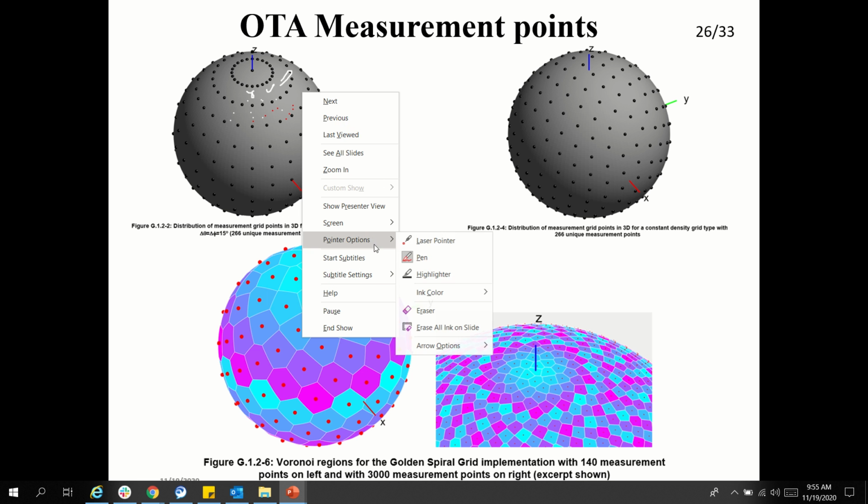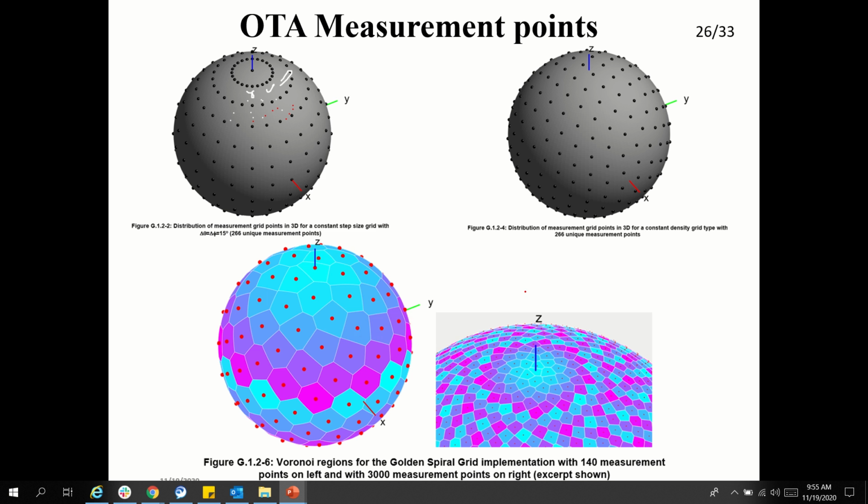In order to avoid that, researchers have done several studies and found that there are two kinds of grid points. Grid points mean the points where you are capturing data, like a signal from the DUT, or transmitting a signal to the DUT.